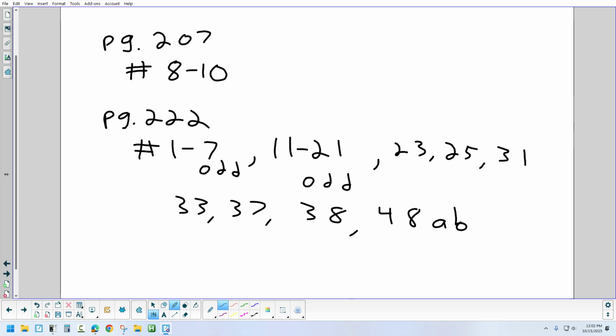All right, so 48A and B, those are going to be a question we look at together tomorrow. So you won't be able to do that one. And let me just take a look.